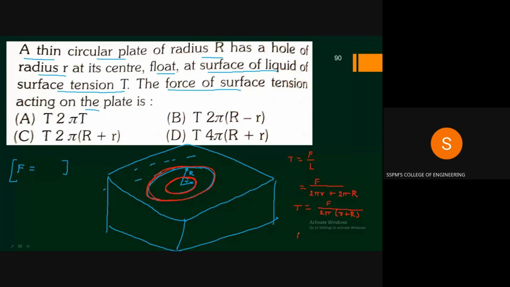From this, F is equal to 2 pi into surface tension T in bracket (r plus R). If you refer to the answer, the correct option is option C: 2 pi T (r plus R). This is the force due to surface tension acting on the circular plate having the center hole.